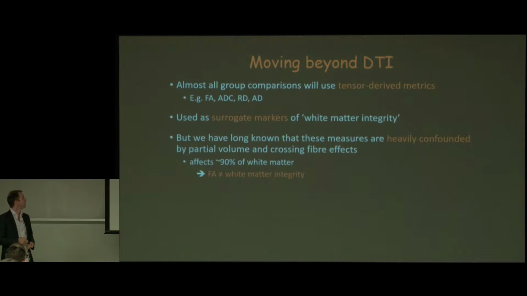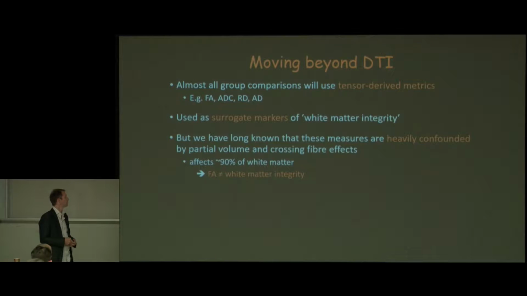But we've long known that these measures are heavily confounded by crossing fibers, in particular partial volume effects. It affects pretty much, outside of the corpus callosum, the entire white matter, I think, in humans has to be considered to be potentially affected by crossing fibers. So these simple interpretations just don't really hold.